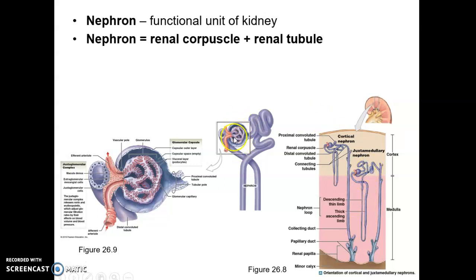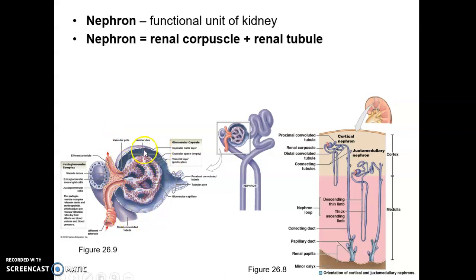Notice that the renal corpuscle envelops this mass of blood vessels, these capillaries, which is the glomerulus. Leading into the glomerulus is the afferent arteriole, branching into many capillaries, which is called the glomerulus, and then the blood leaving exits via the efferent arteriole.